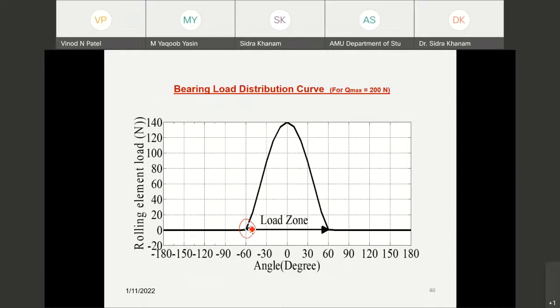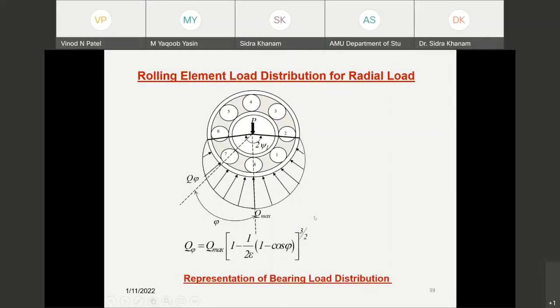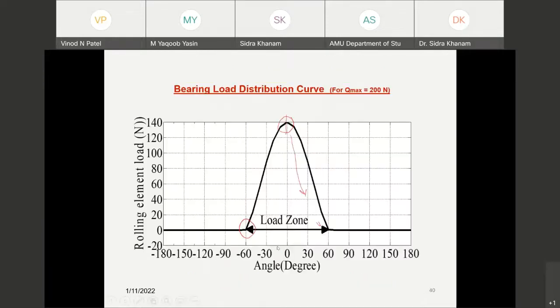As the ball enters the load zone, the load acting on it starts from the beginning. When it reaches the maximum, then again it reduces to 0 when it comes out of the load zone. Entering from this point, it reaches the maximum, and it is 0 at this particular point. So you can use this equation to find the loading condition.